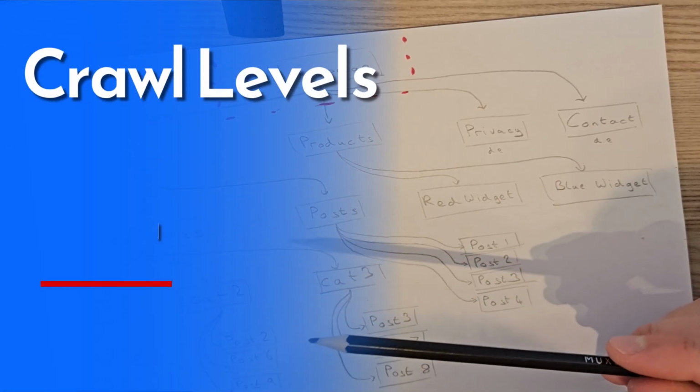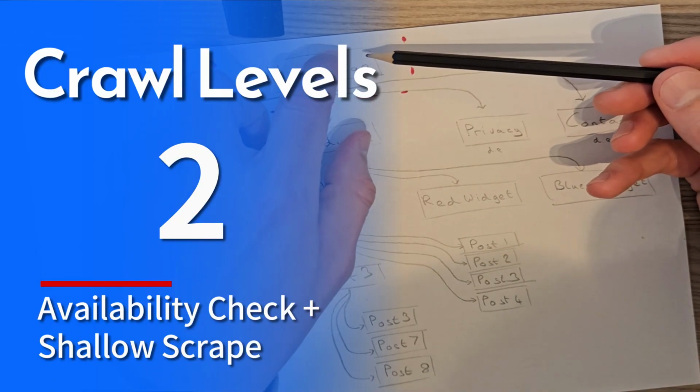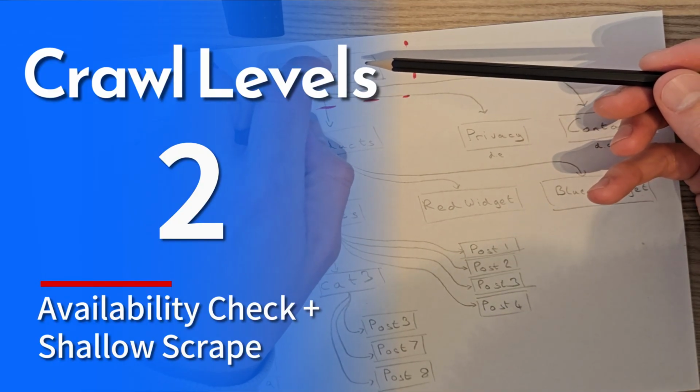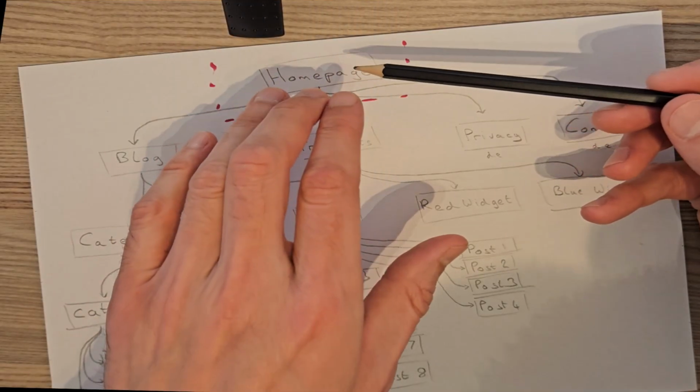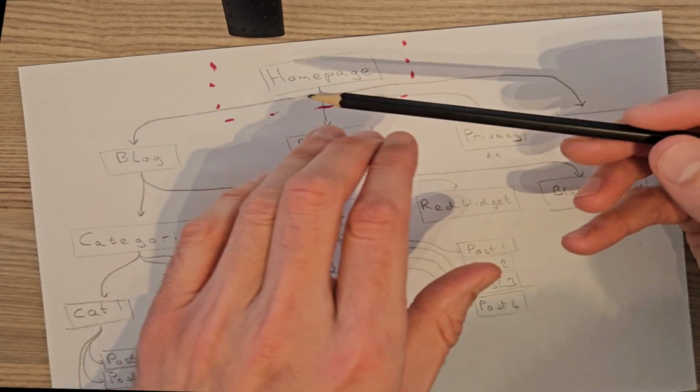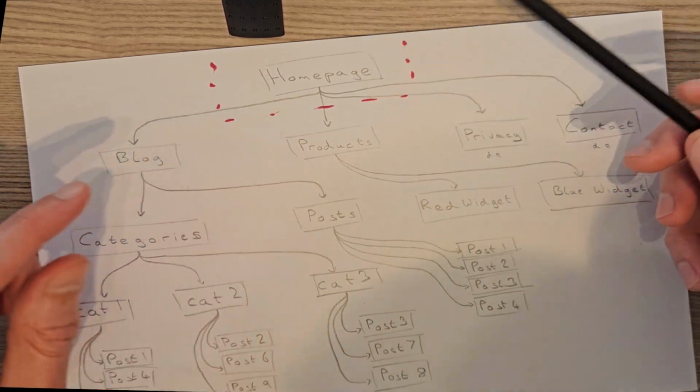Then if you set your crawl levels to 2, it will still check the availability of the domain that you entered or the web page, and then it will take the home page and check that there's any links to other domains, and then it will check the availability of those domains.